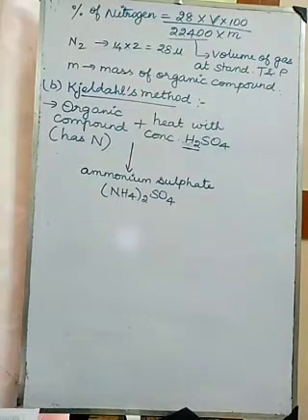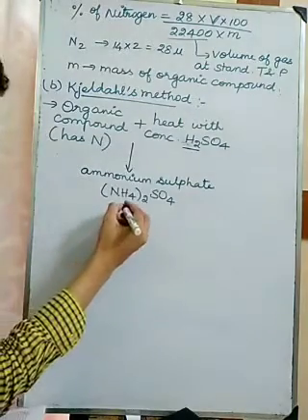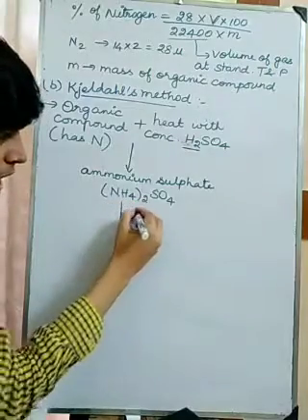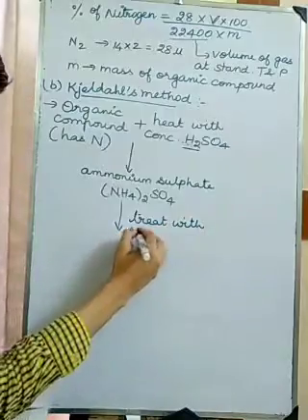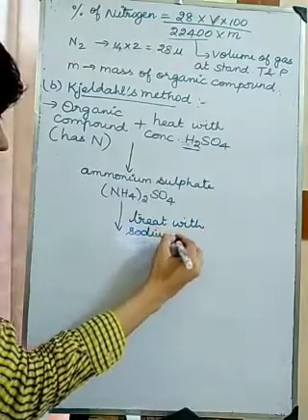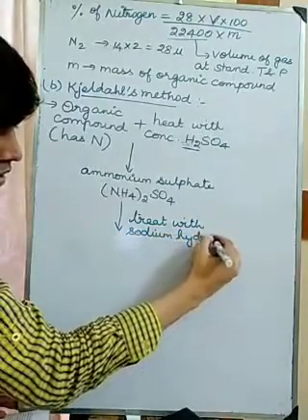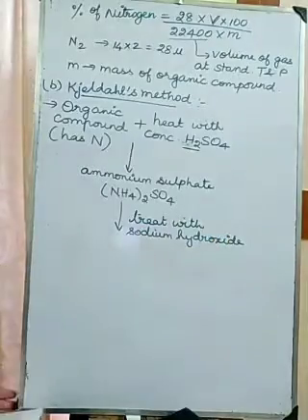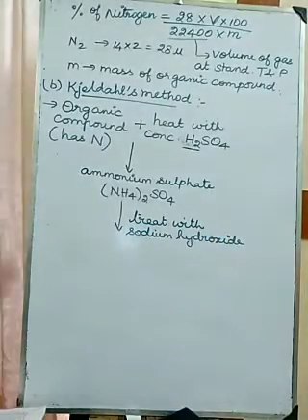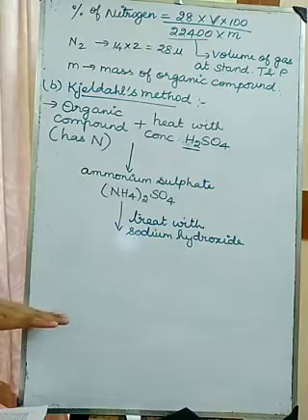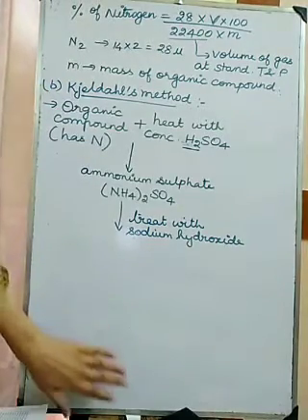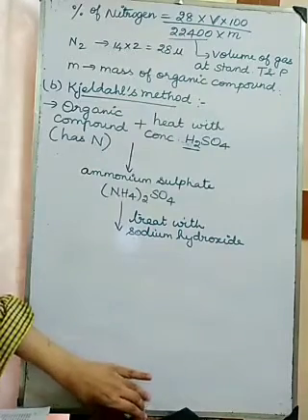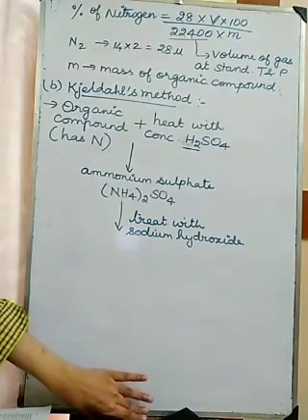Now this ammonium sulfate you have to treat with sodium hydroxide. In the book it is given like a paragraph, but I am giving it in the form of a flow chart so you will be able to understand it easily, and in the test you will be able to write it easily.